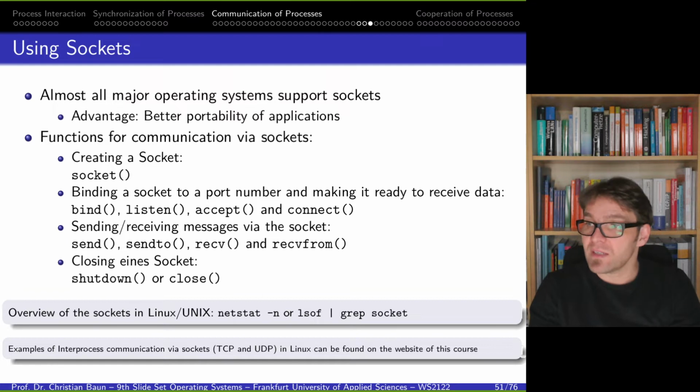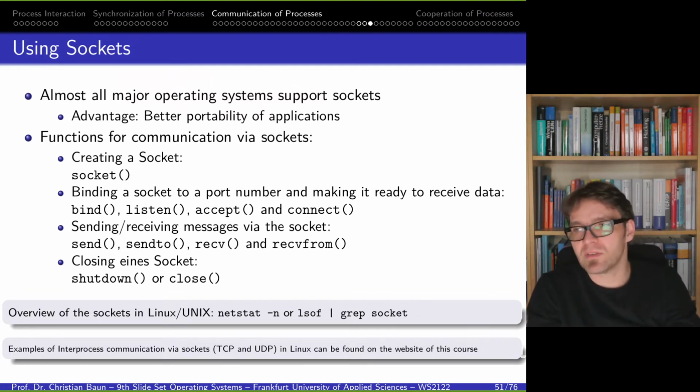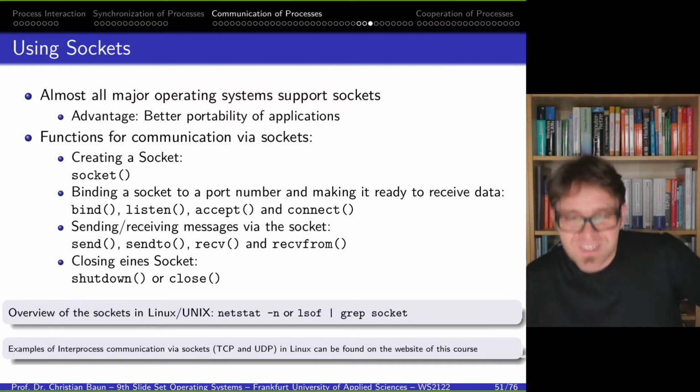We need some functions for this socket-based communication. First, we have a function called socket for creating a socket. Next, we have some functions to make a socket ready, which means we want the operating system to assign a port number on sender side automatically; we just want to make it ready for transaction.